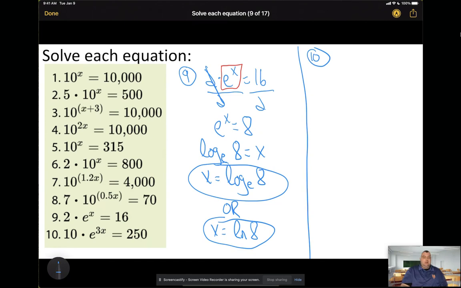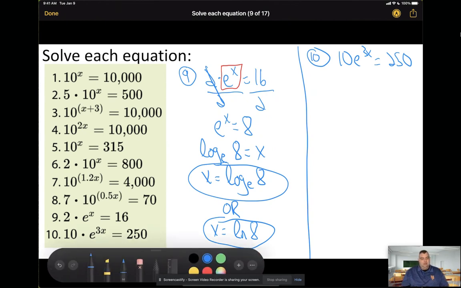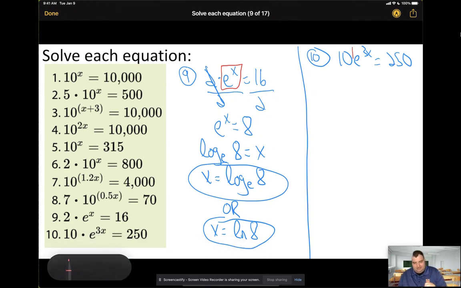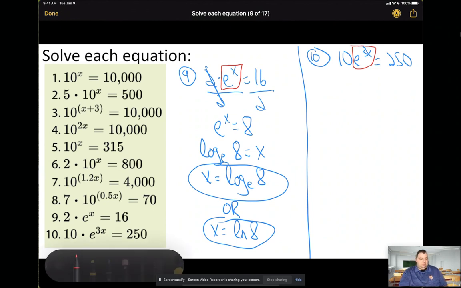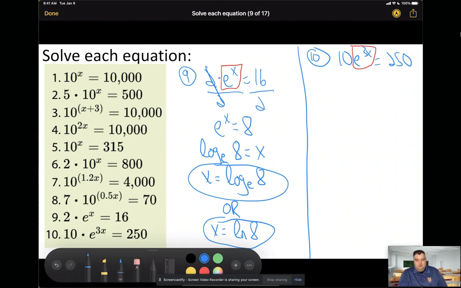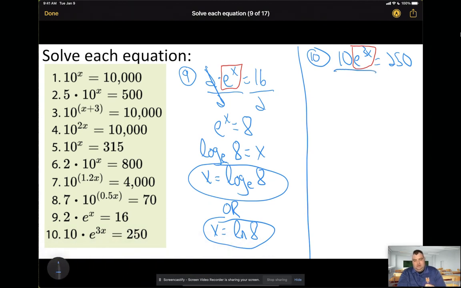Okay? So lastly, number 10, we have 10 times e to the power of 3x equals 250. So once again, I do have to isolate my exponential term here. So I'm going to start off by dividing both sides by 10.